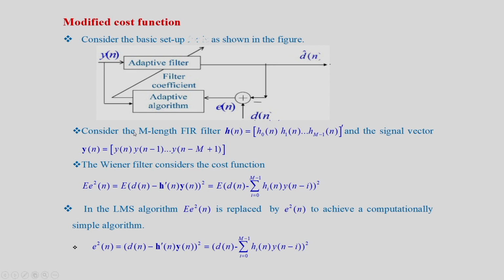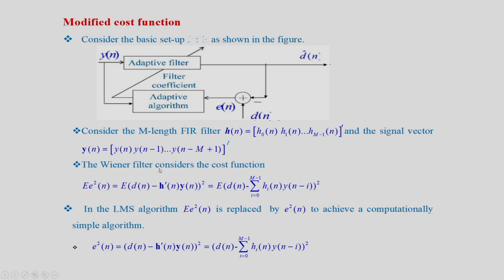We will consider an M-length FIR filter h[n], that is, the filter coefficients are given by h0[n], h1[n] up to h(M-1)[n], and the signal vector y[n] comprising y[n], y[n-1] up to y[n-M+1].